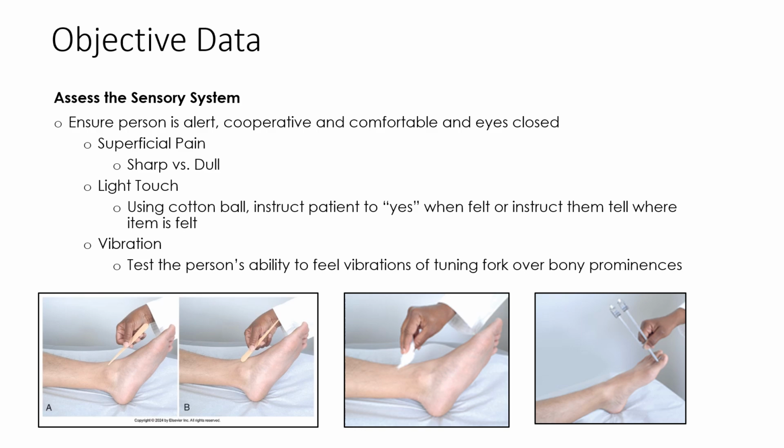You're going to have an object that is sharp versus dull. You're going to have a light touch. Using a cotton ball, you can ask them if they feel the pain, if they feel the touch, and what extremity, where it's at. You can also do a vibration test, and this determines the client's ability to feel vibration with a tuning fork, and this is done over bony prominences.